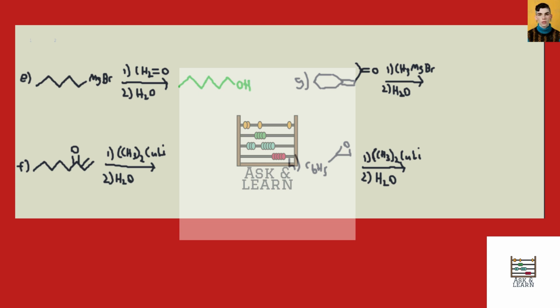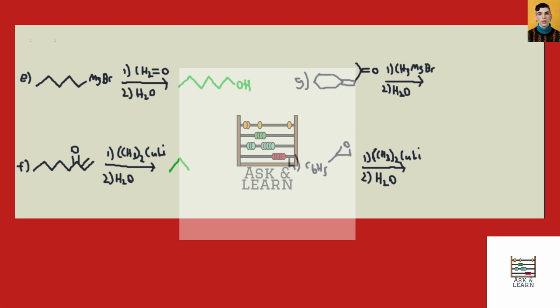Okay. So then for F, we're using a copper lithium reagent. So it's the methyl organocuprate. And so the reaction here is going to take place at the double bond. So not the ketone. The ketone is going to be unaffected. And basically, we just end up adding a methyl unit to this chain.